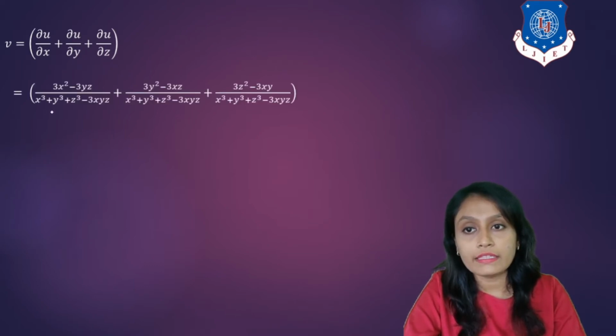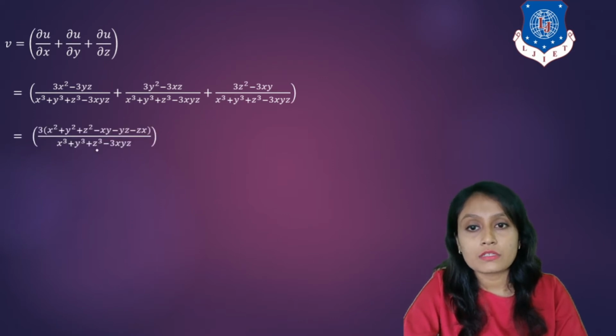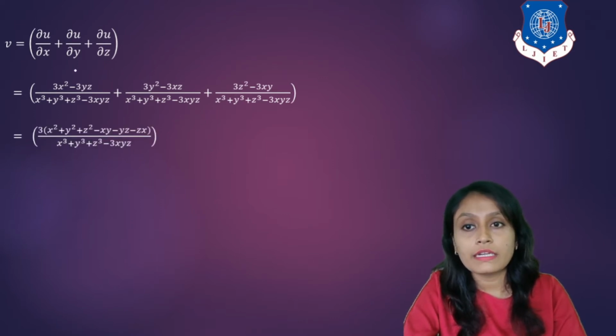Next we will add them. So v is equal to ∂u/∂x + ∂u/∂y + ∂u/∂z. So you will get these three terms. Now the denominator is common, so the denominator is written once, and 3 is taken common from the numerator.